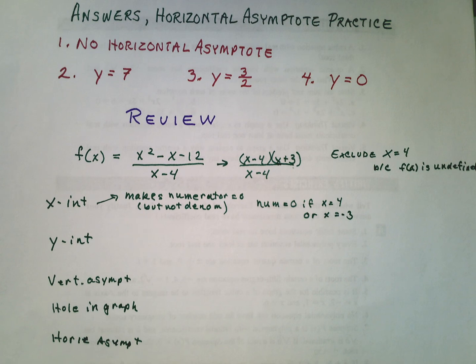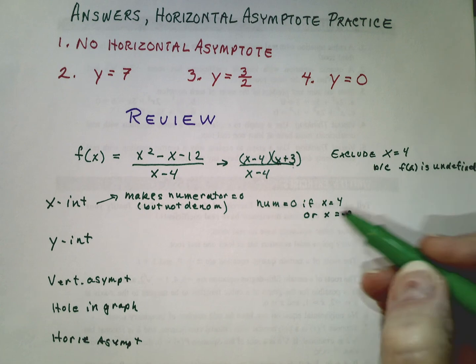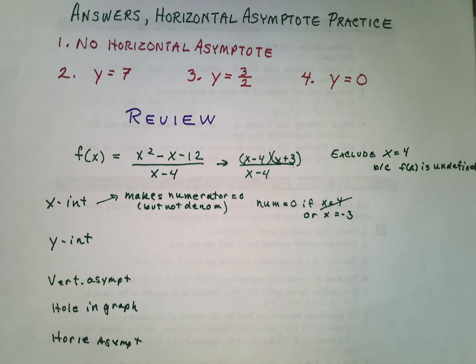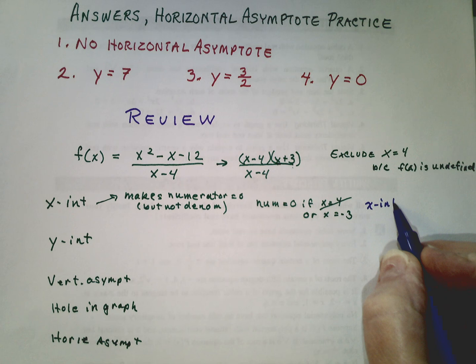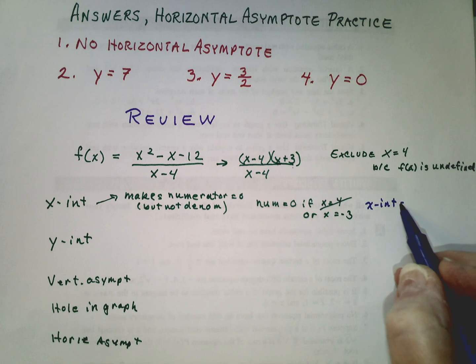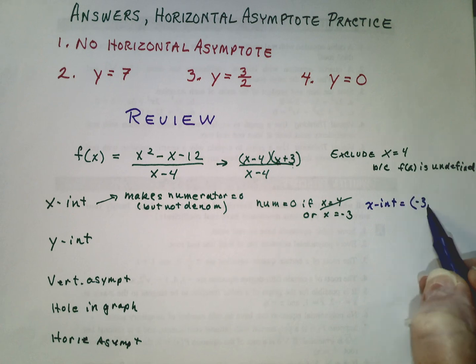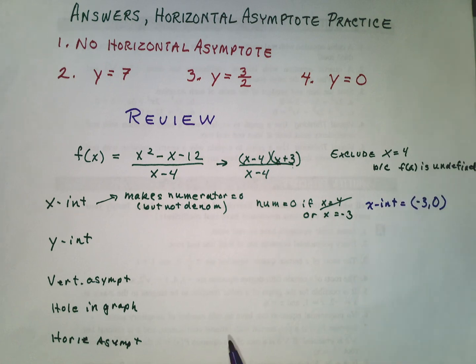Well, we have already excluded x equals 4, so that cannot be an x-intercept. Our x-intercept can only be the point -3, 0. So we have an x-intercept.